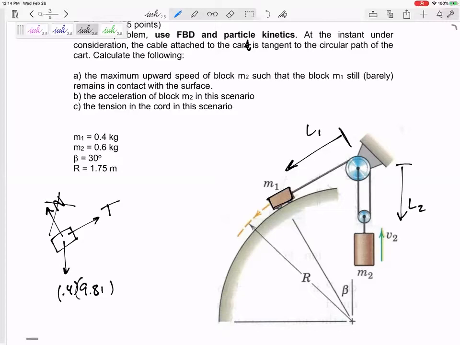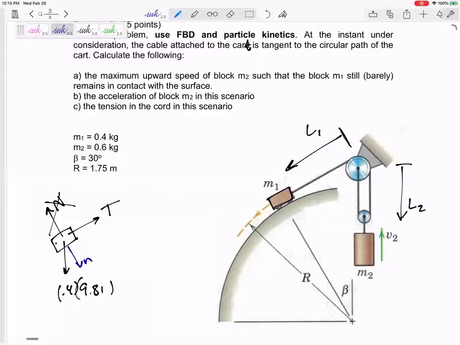Let's define our axes according to accelerations. This is a normal-tangential path, so let's define normal into the curve, and tangential in the direction it's going.